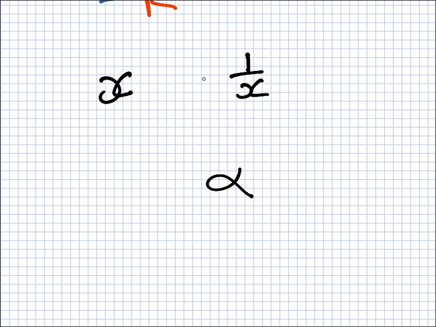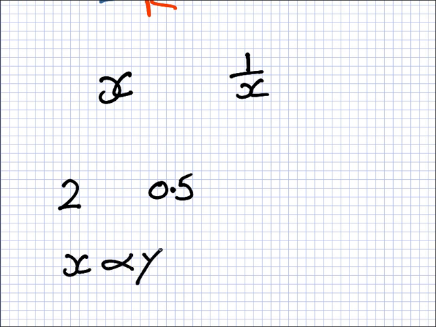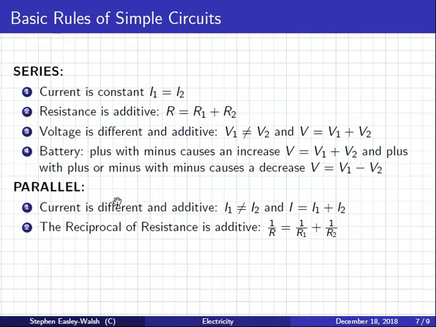For example, Ben, this is 2, this is the reciprocal of 2. This is X, it's proportional to Y. It's not the opposite, it's not related. I know why you think that, but no.